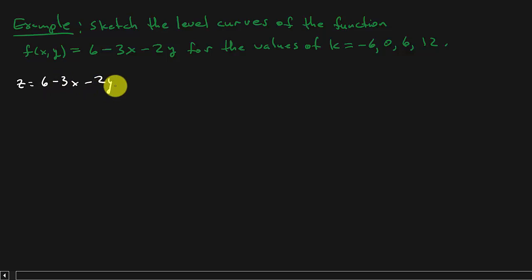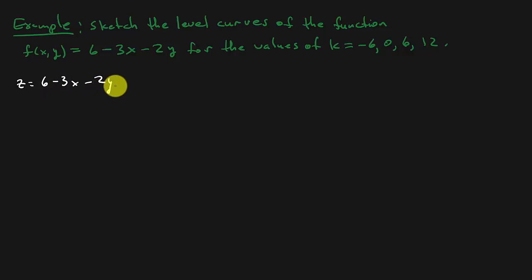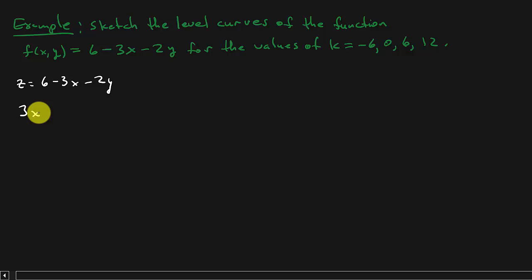And I'm going to write this as 3x plus 2y plus k minus 6 equals 0. Let's write it like that.